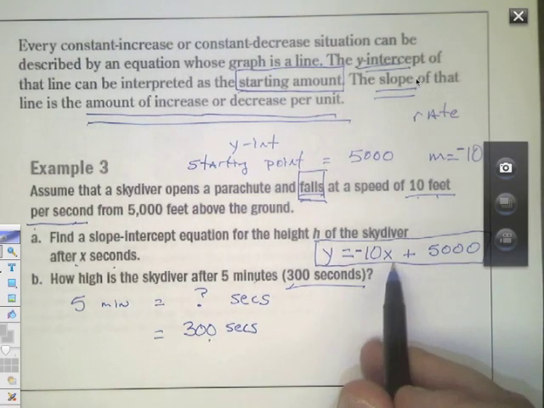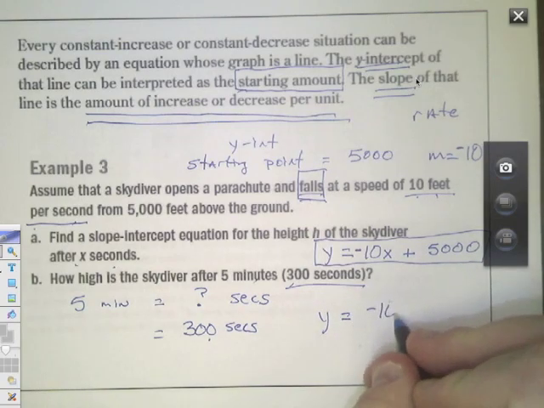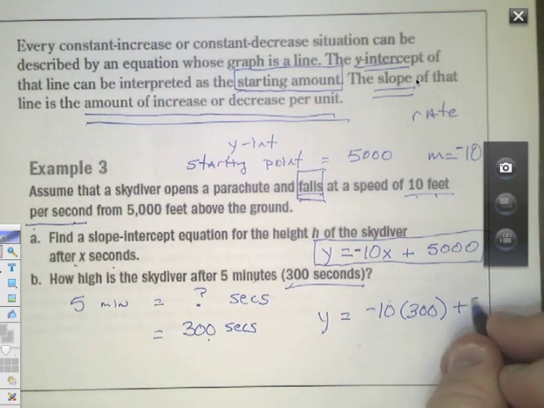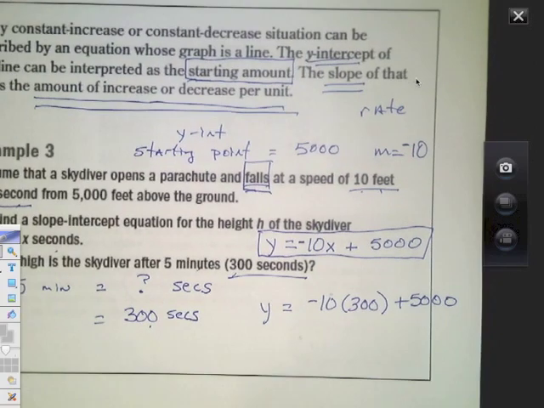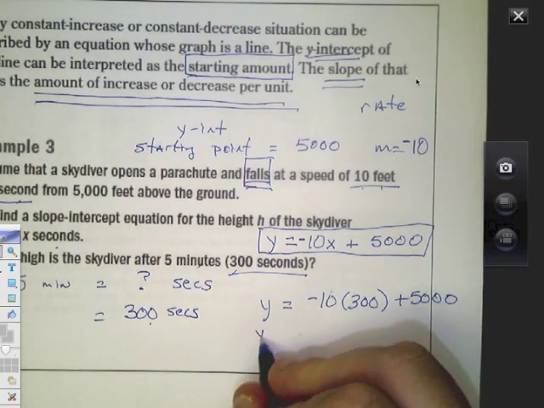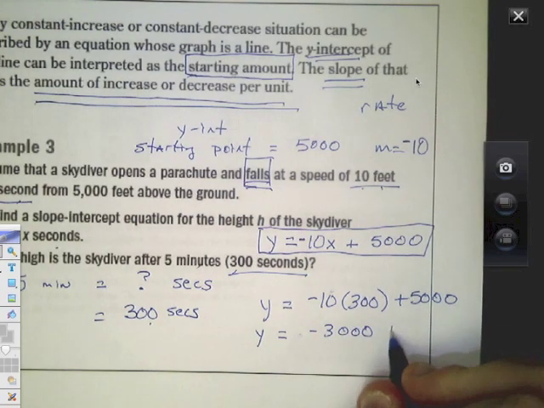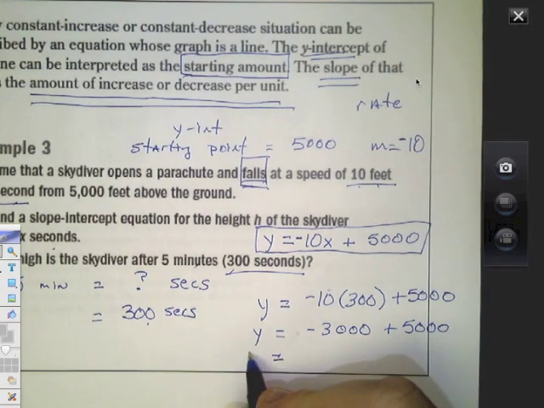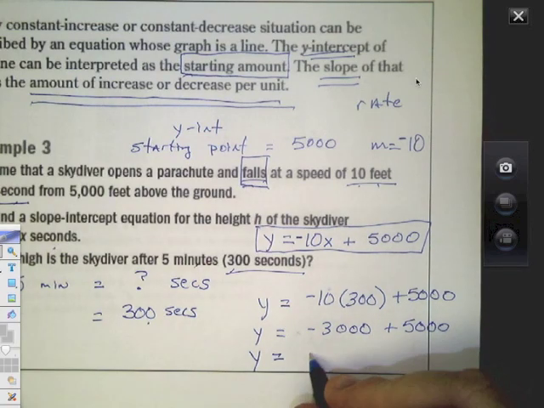So, to find out where the skydiver is after 300 seconds, we need to put 300 in for x. So y equals negative 10 times 300 plus 5,000. Well, what's a negative 10 times 300? All of you should be saying negative 3,000.